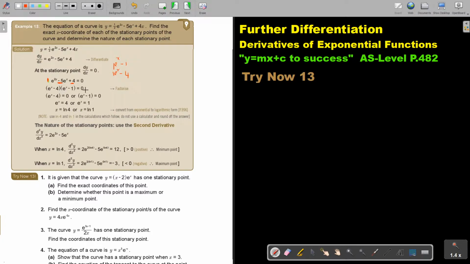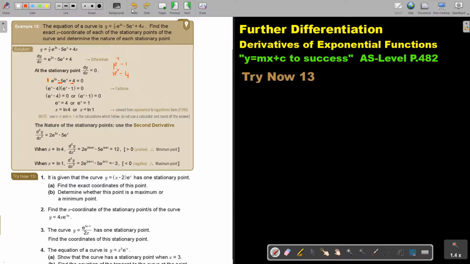Then you put this equals 0 or this equals 0. Now, don't forget, I think we did that in chapter 9. You can check in the book, page 396, where we go from exponential form to log form. Now, e is always representing ln. So we keep the e and we just swap that. So x is equal to ln, it's log base e, but then we just write ln.